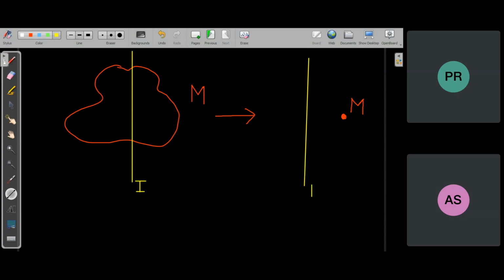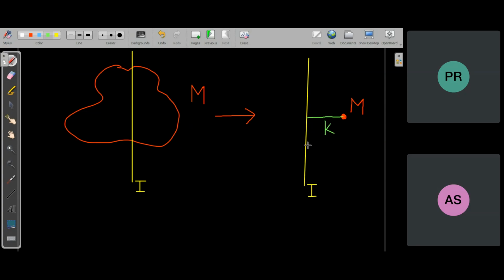So the moment of inertia of this point mass about the axis should also be I. The distance at which this point mass is kept so that you get exactly the same moment of inertia is called the radius of gyration.